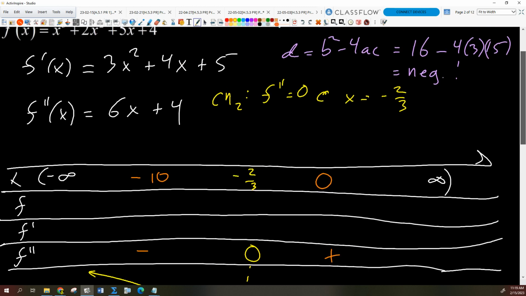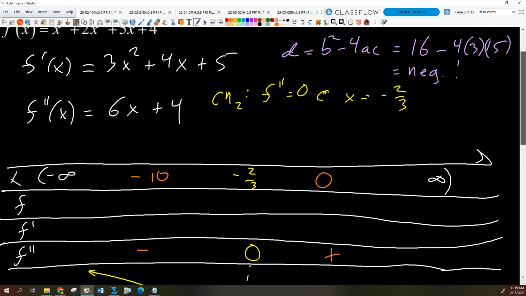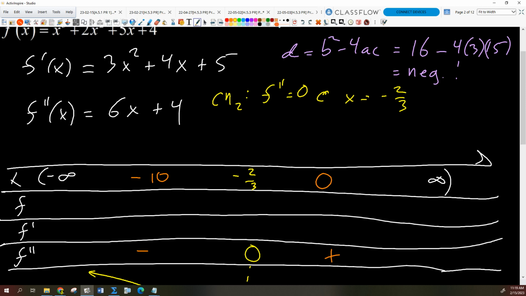Okay, what's the slope at negative 2/3? Well, it's pretty obvious it's positive, isn't it? Because the only negative term would be this one if I plug in negative 2/3. And that's not big enough to even counteract the 5, right? Even if I just took the last two terms.